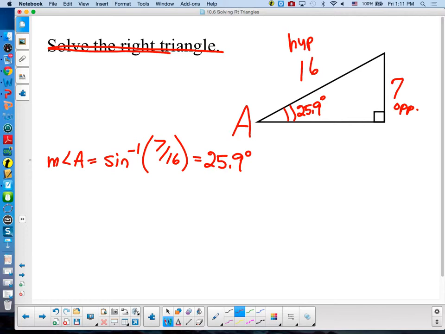Okay, let's have you get to some of the problems because some of those that we were doing here, you can do very quickly. On page 572, starting with problem 10. 10 is a solve the right triangle, so if we want to do that one together, we can do that. Number 10.